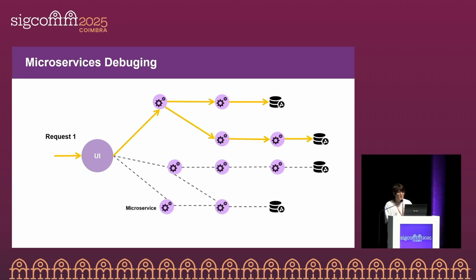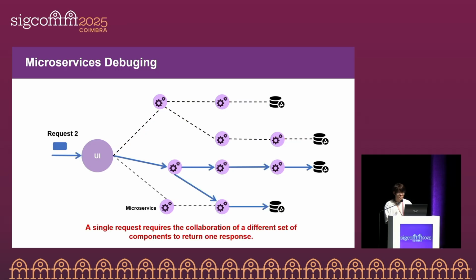These components must interact and communicate with each other throughout the process. Furthermore, different requests can trigger entirely different execution paths. For example, for request 2, a different path is activated involving a different set of components. This high flexibility and distributed nature introduces challenges for microservice debugging.